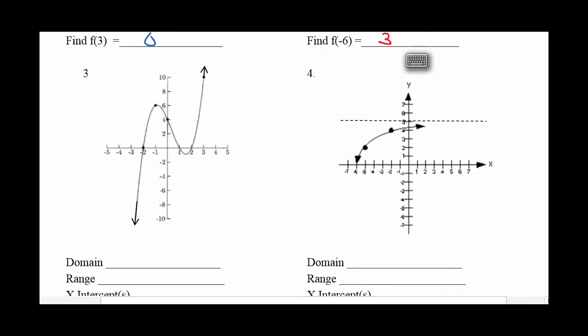All right, down below, again, start with domain. You've got arrows that are going diagonally, so there's no restrictions on the x-axis. Y values, kind of the same deal. There's no restrictions anywhere up or down on that.